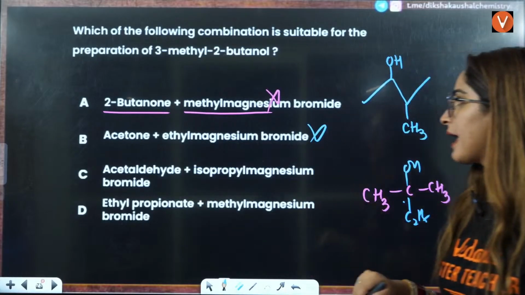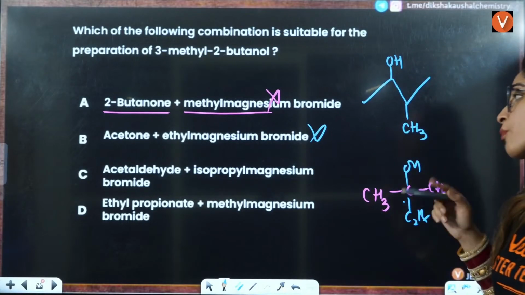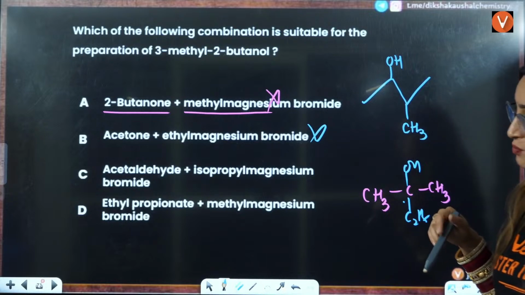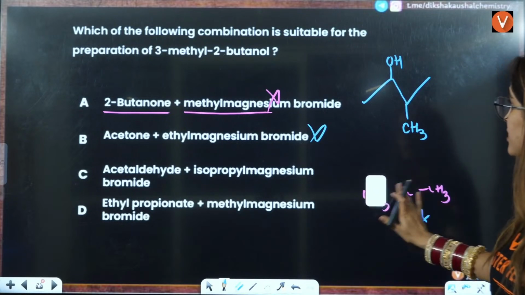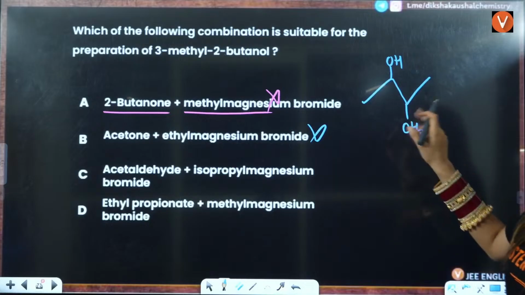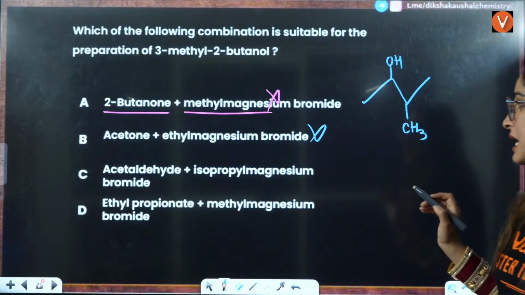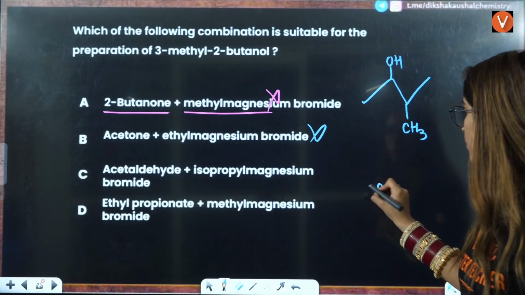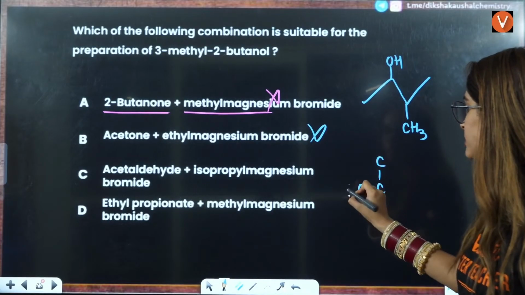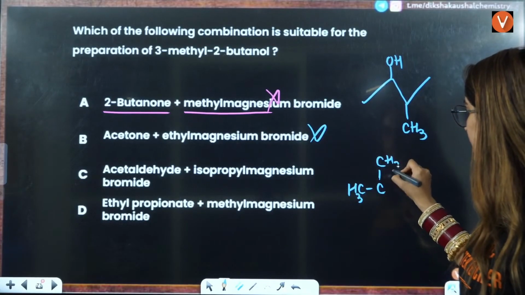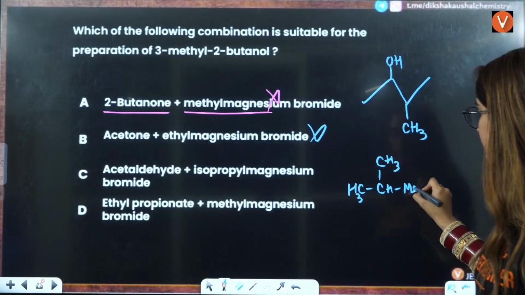Not possible. Acetaldehyde and isopropyl magnesium bromide, that is possible because we need branching somewhere at least. This branching should be somewhere, right? Isopropyl is 1, 1, 2, this is isopropyl, right? This is CH, this is MgBr.